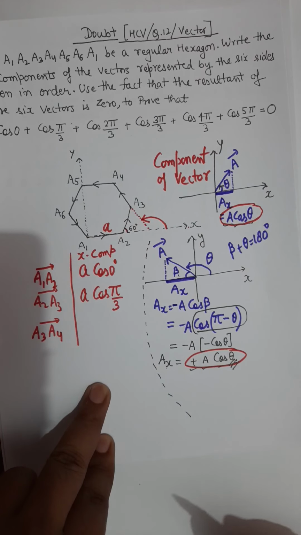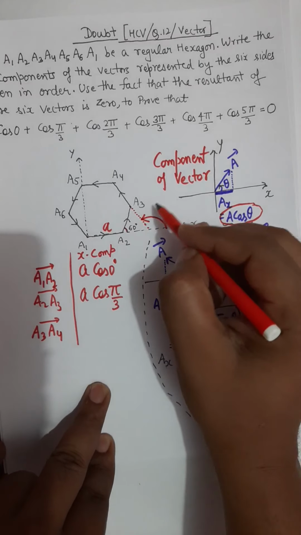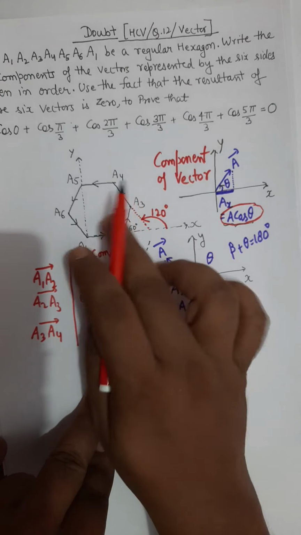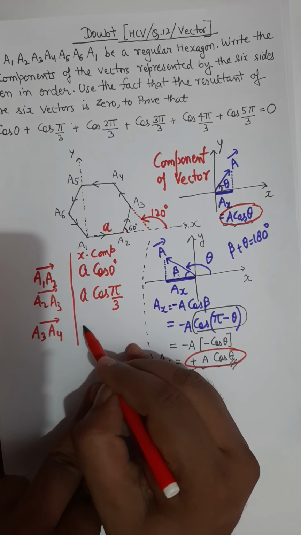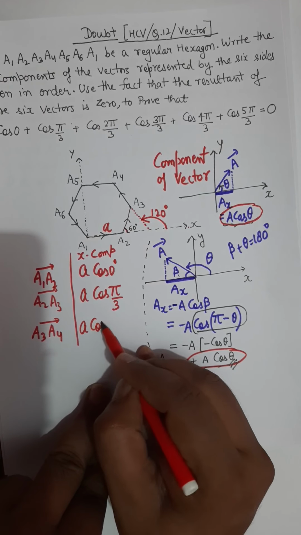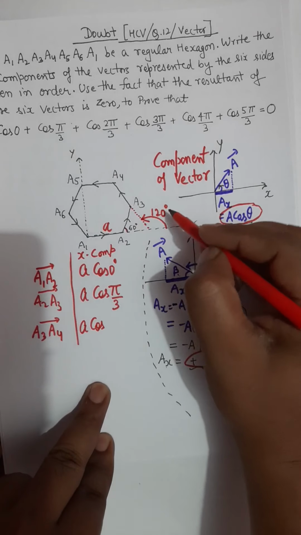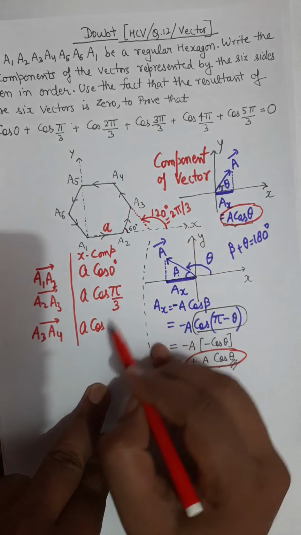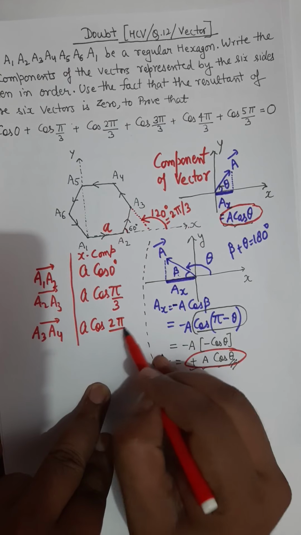Through mathematics and the concept of a regular polygon, you will come to know that this angle is 120 degrees, and therefore the x component of A3A4 will be a cosine of 120 degrees, and 120 degrees in radians is 2 pi over 3. So it is a cos 2 pi over 3.